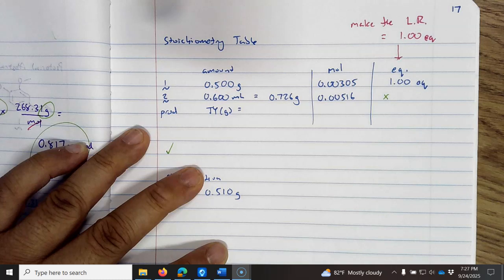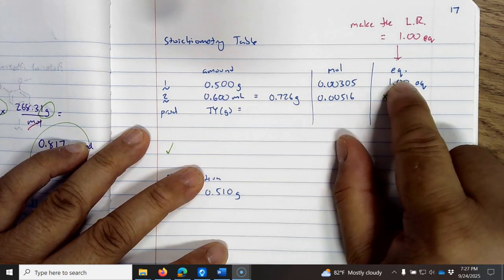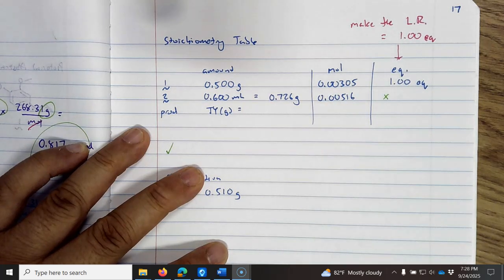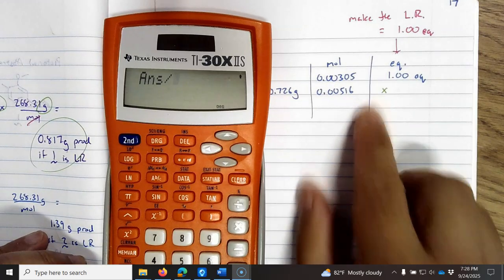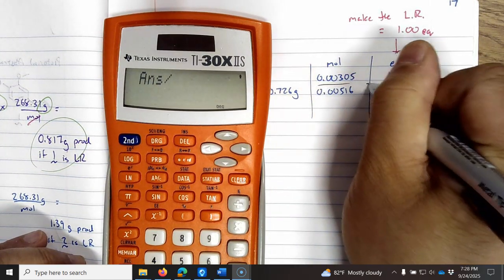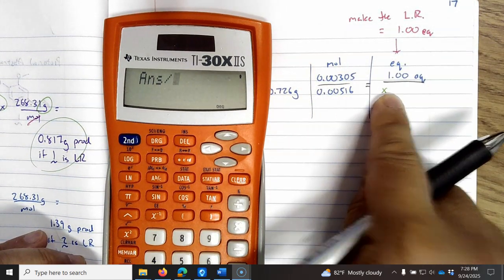And what do we do here? Do you remember how you cross multiply and then divide by this number? Because I want to solve for x. Literally, the math is this. I'll solve for x.